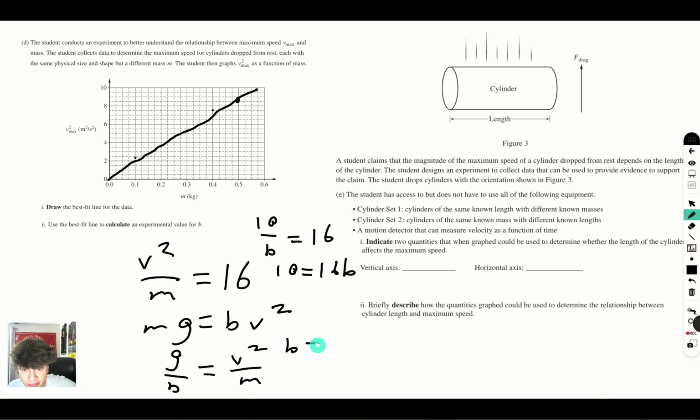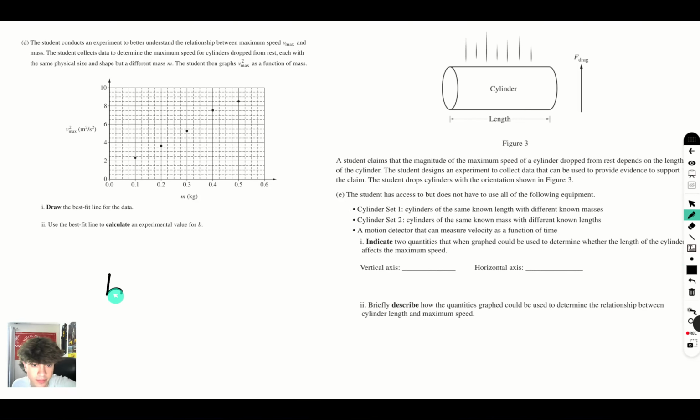And that means that our b is equal to 10/16, or 5/8. So there you have it. That's how you would find your b. b is equal to 5/8.